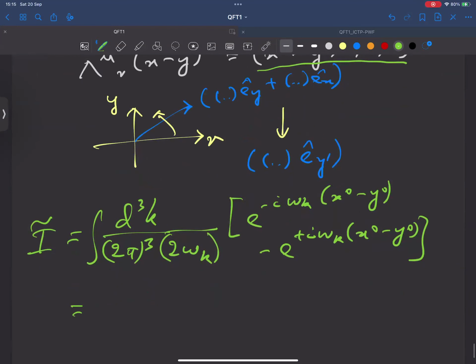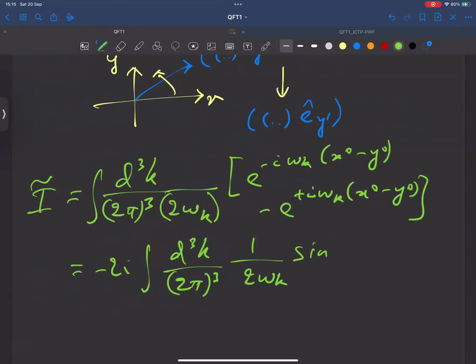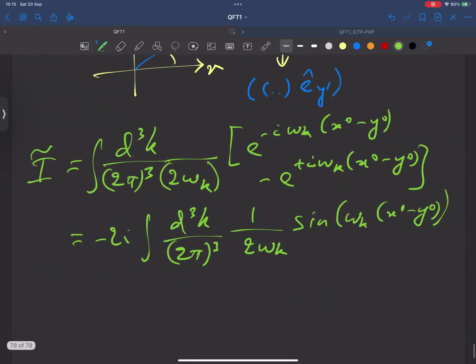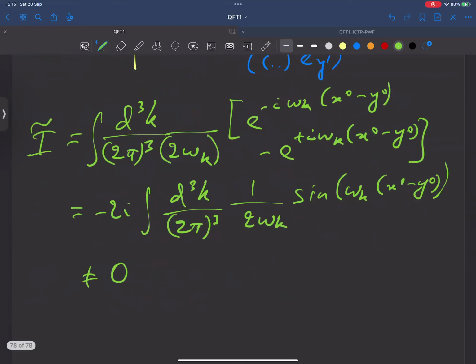And now you can see that you can write it in terms of a sine function: sine of omega k (x0 - y0). Okay. And this is not equal to 0, because if you integrate this sine function, you can show that this is indeed non-zero. You can do this as an exercise.